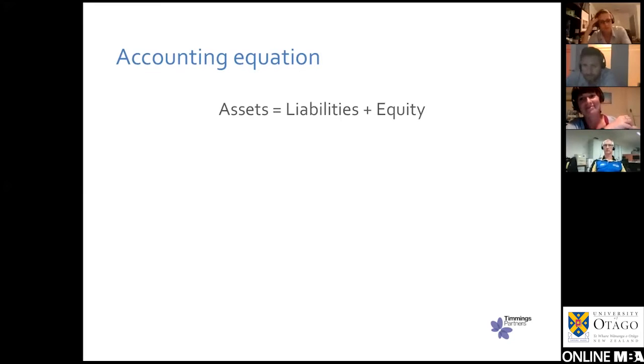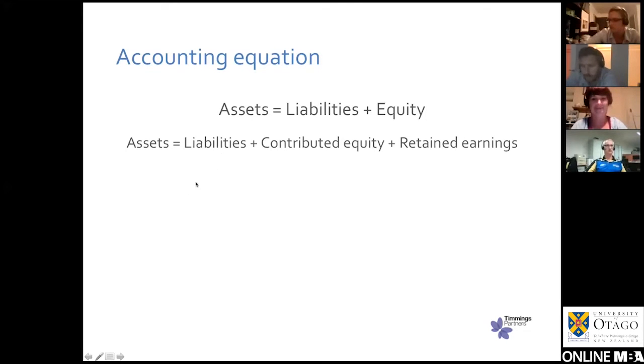So to expand out that accounting equation, we do this. It's just an extension of that. Assets are equal to the liabilities of the business plus equity, and equity is actually made up of two things. Equity is made up of money that we've put into the business as owners, so contributed equity, plus profits that have been retained.